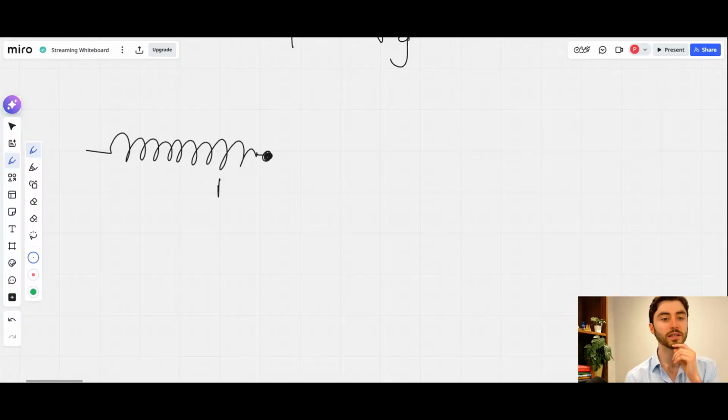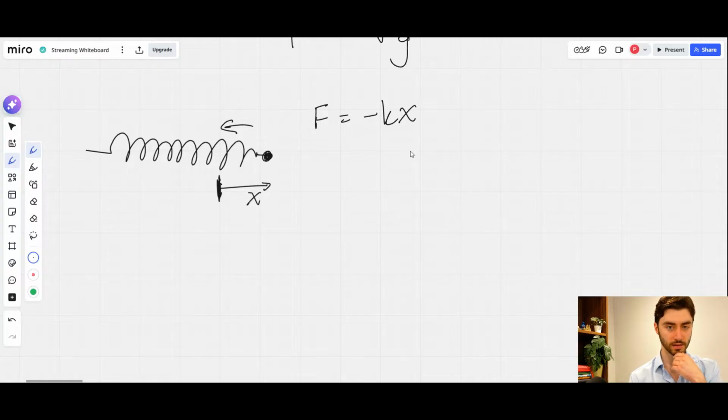Okay, so let's say this is the equilibrium position. This would be x. We know that there would be a force here. And we know that the force would be F equals minus kx, which is equal to ma. This is much simpler, right? So then minus k over m x equals a.